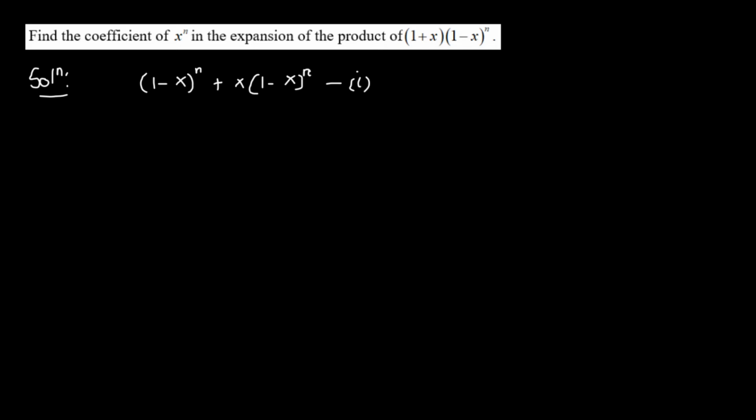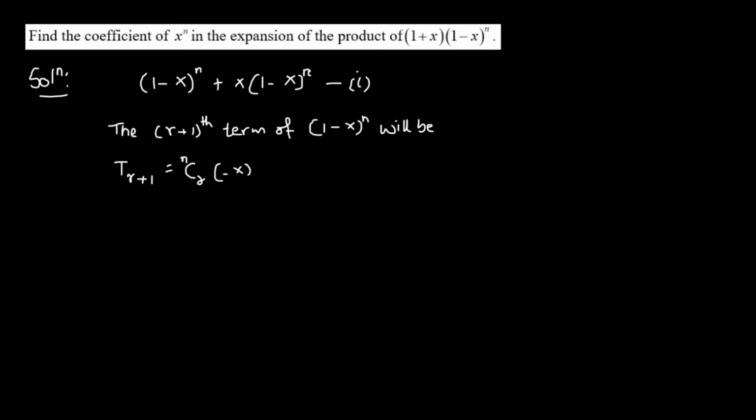Now what we do, we'll try to find out the r plus 1th term of 1 minus x raised to the power of n. The r plus 1th term of 1 minus x raised to the power of n will be t r plus 1 equal to n c r times 1 raised to the power of n minus r, which is always 1, times negative x raised to the power of r.